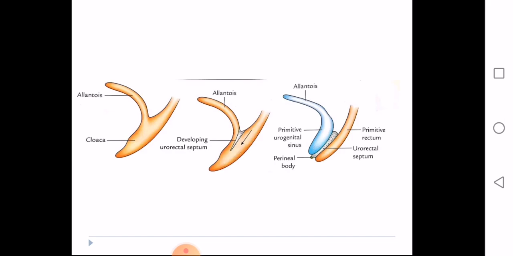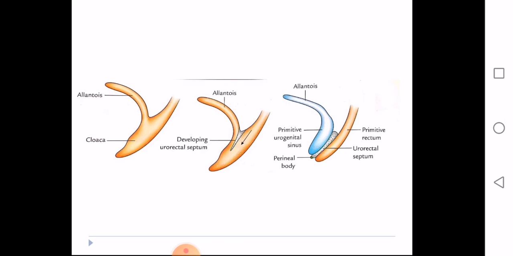Now you must be familiar with this too before we proceed. This picture is showing the hindgut. It is showing the lower part of the hindgut, and you can see one diverticulum there. That diverticulum is called the allantois. When you learnt about the yolk sac and the connecting stalk, you must have read about the allantois. This allantois is a diverticulum from the yolk sac.